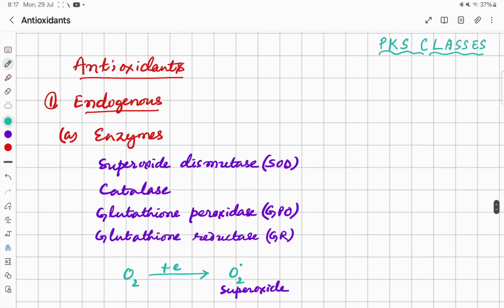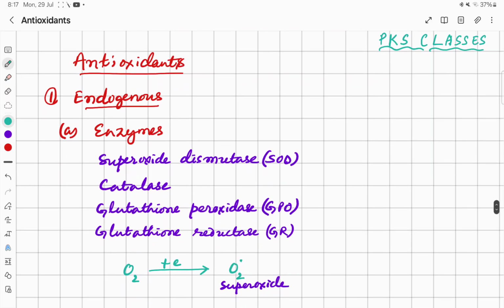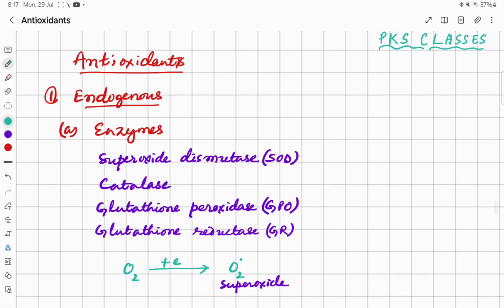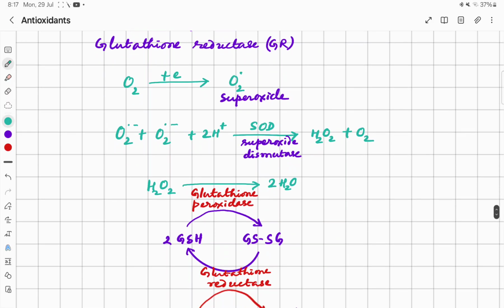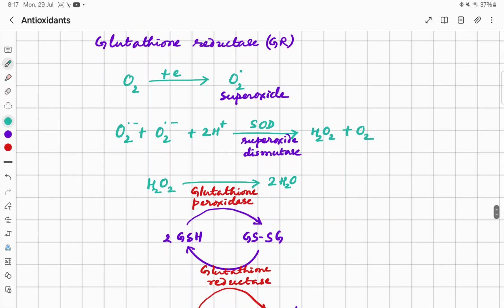So the antioxidants, we can classify them as the endogenous antioxidants present in our body and the exogenous. Among the endogenous, we have superoxide dismutase, catalase, glutathione peroxidase, and glutathione reductase. As we have already studied, oxygen in presence of an electron generates superoxide, and superoxide in presence of hydrogen and the enzyme superoxide dismutase is converted to hydrogen peroxide and oxygen.